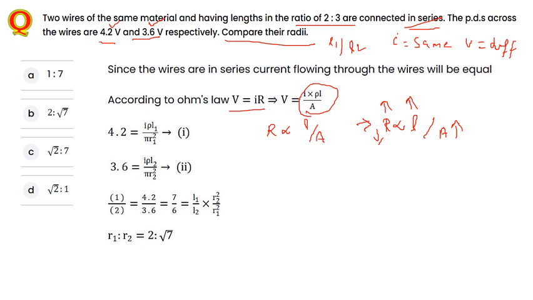You can understand this: if there is a lengthy wire and a short wire, the lengthiest one has more resistance, and the smallest one does not. Similarly, consider a wire with a big area of cross section and a thin wire. The thin wire has more resistance when compared to the thick wire.